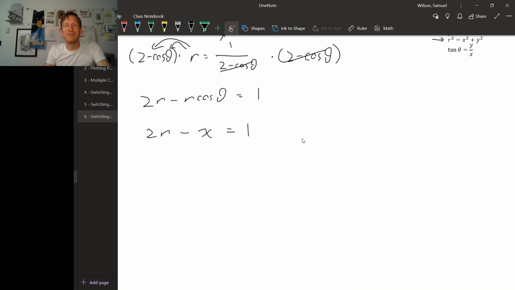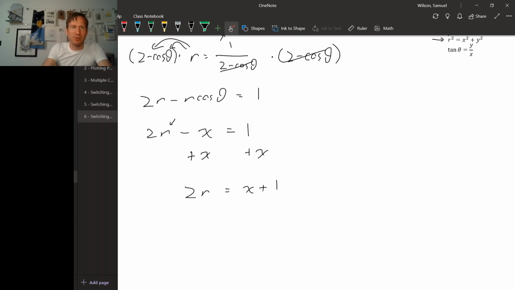One is just to multiply everything by r, but then we're going to have some other r's that aren't squared, so that doesn't seem so great. Another way we could get this r on the left-hand side to be squared is to get it by itself and then just square both sides. Let's try that. So add x to both sides to get all the rectangular coordinates away from the r. So we get 2r equals x plus 1.